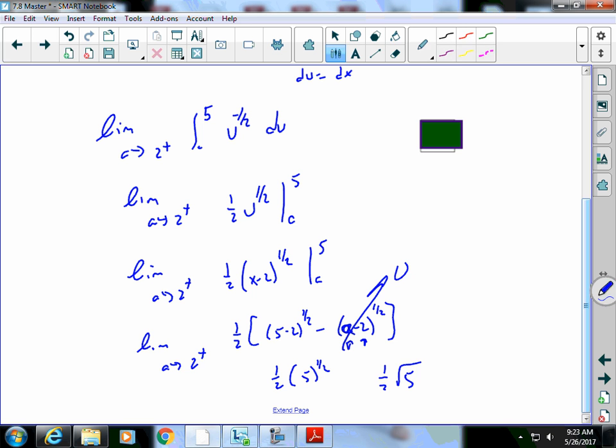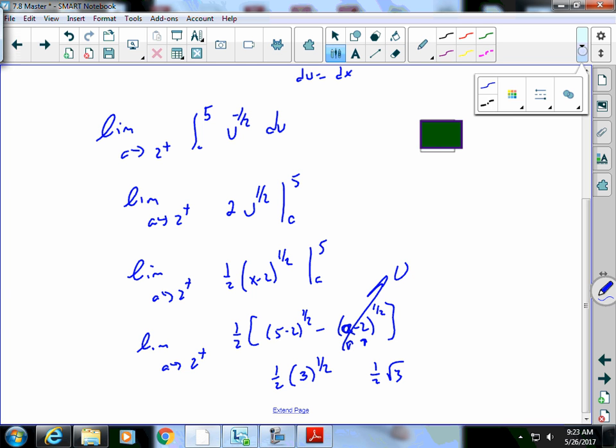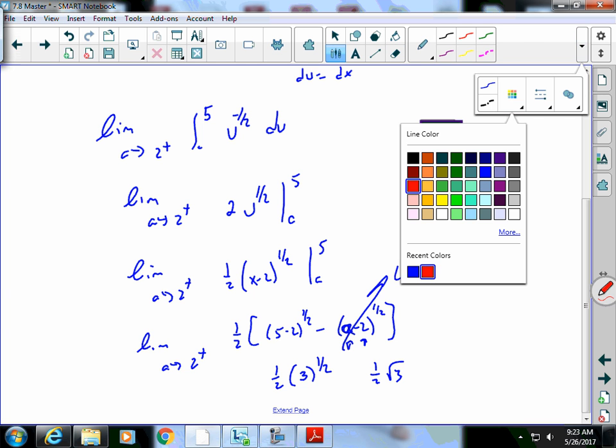Oop, 3. I can do math. Don't mind me. Last time I checked, 5 minus 2 is 3. And 2 times the square root of 3. So, where'd I get 1? Wow, am I making some really dumb mistakes, right? This is a 2 here. Actually, let me put it in a different color because I made a mistake and I want to make sure we all see it.